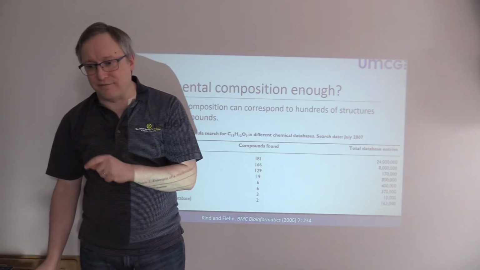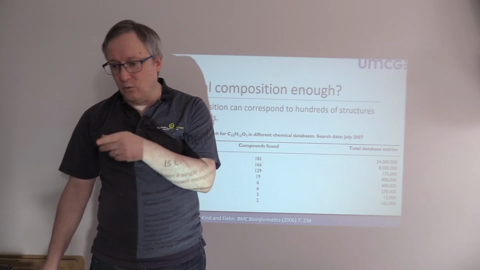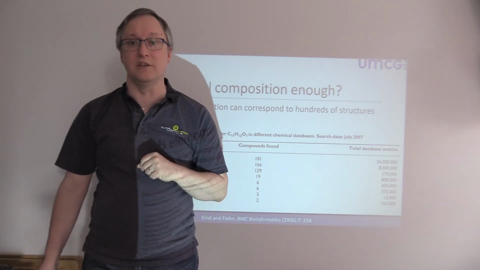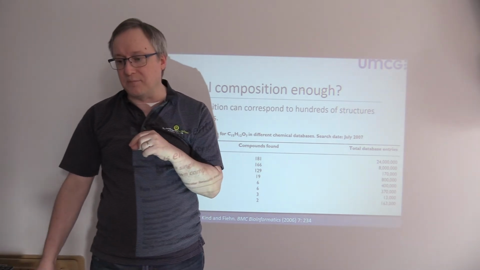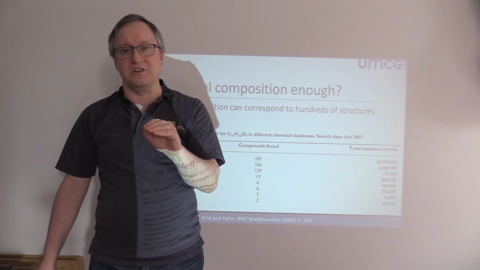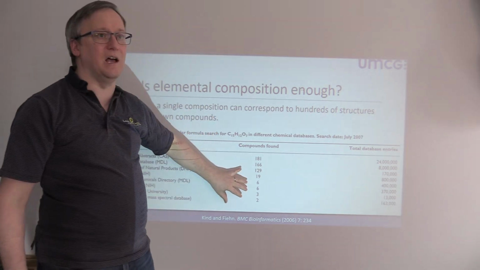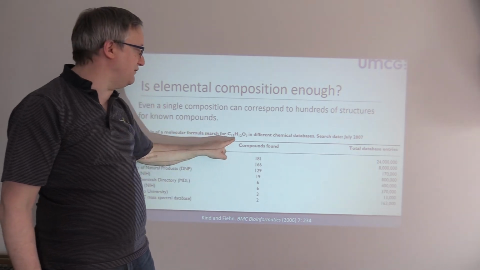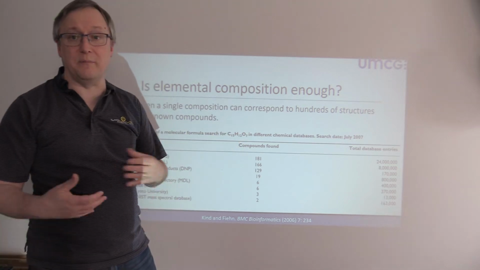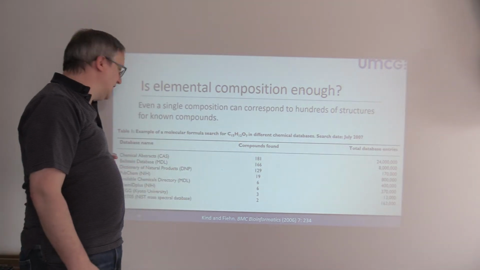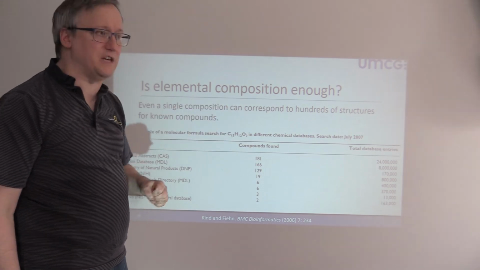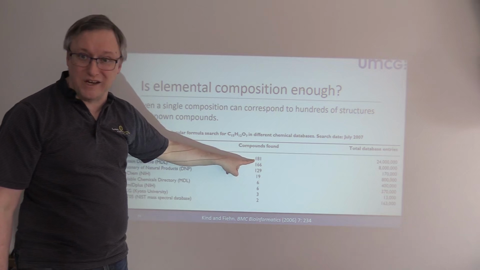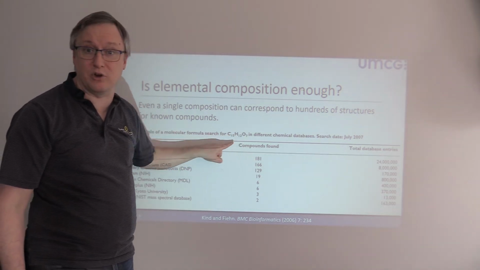But is that enough? So in this case, we're looking at the example they worked for C15H12O7. This was a particular metabolite they were interested in. So using that composition, if you go into databases of chemical compounds, how many possible compounds meet that C15H12O7 composition? Well, if you're dealing with something like Chemical Abstracts with 24 million entries back in 2006, they found 181 different compounds that all matched this chemical composition.